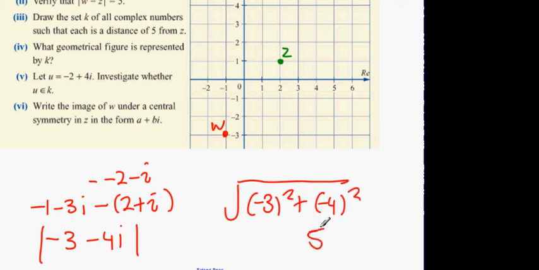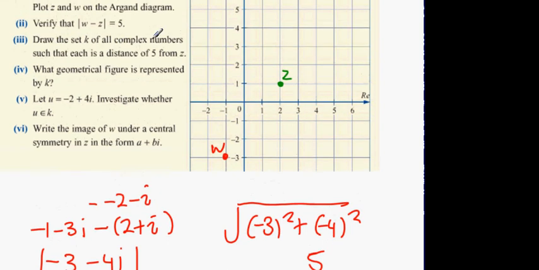It's 5 long. Okay? Draw a set K of all complex numbers such that each is a distance 5 from z. Now here's the hard one, guys. Distance 5 from z.